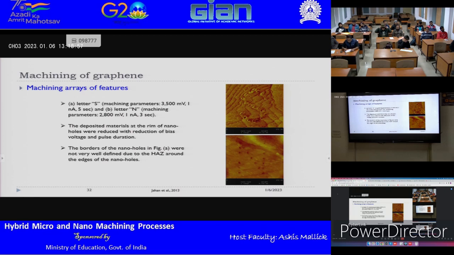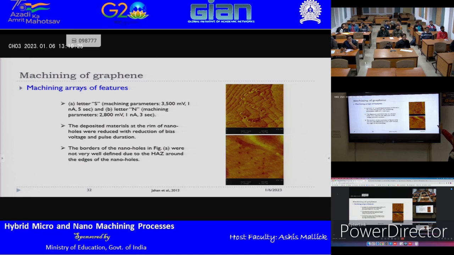Okay, so now we continued some machining areas of holes, and for some cases we see lots of deposited material at the rim of the nano holes, with reduction of bias voltage. So what I'm saying, I used a higher bias voltage like 3500 millivolt, 1 nanoampere for 5 seconds for the first letter.